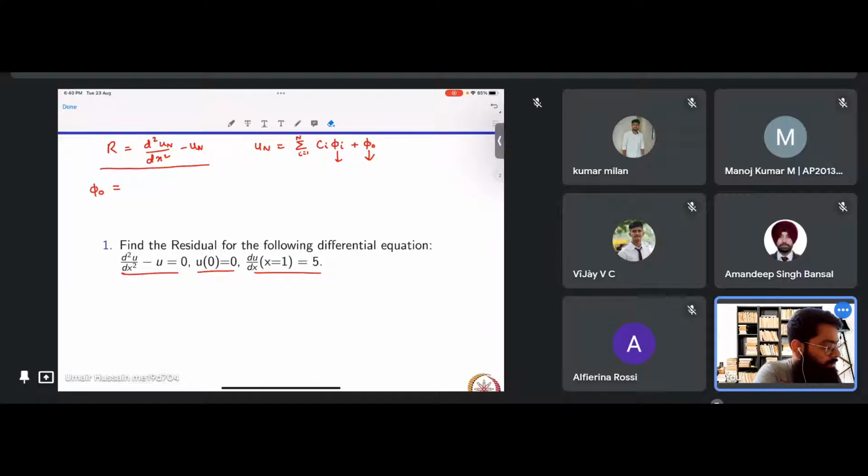What if I take this as 5x? That would work, right? If we substitute x as 0, we'll get 0, so the first one is satisfied. And if we take its derivative, we'll get 5 for any x. So this is also satisfied.